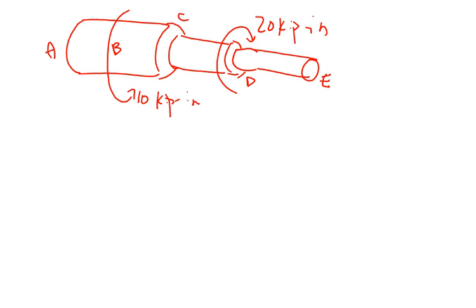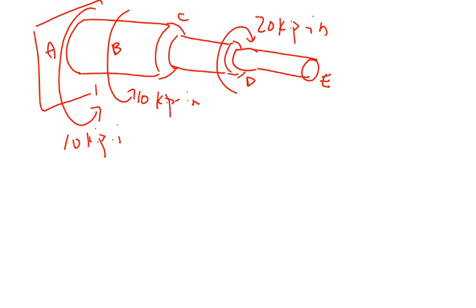So this is for the first part, meaning I keep my support on the left and I remove the support on the right, okay? So this is now statically determinate, so I can find the reaction, right? And that reaction, if you look at it, is going to be 10 kip inches, okay? Don't forget to apply the right-hand rule, right? So now I'm going to try and work out the deflection at E from part 1.